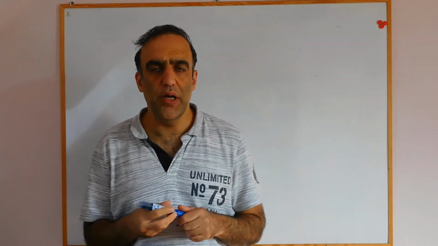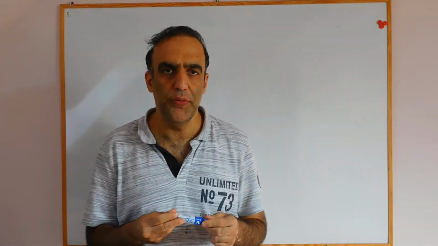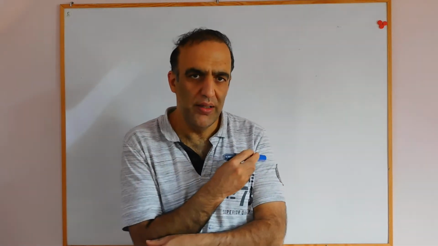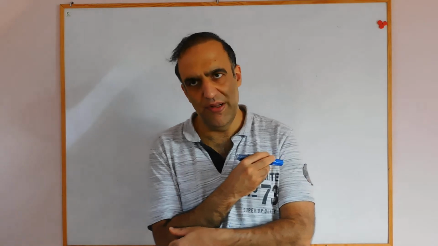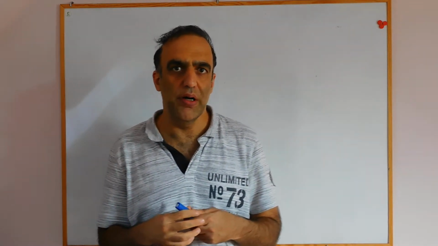Hi everybody, today I want to continue with the chemistry lecture for medical students with the periodic table. As you remember, in the last lecture I spoke about four quantum numbers.